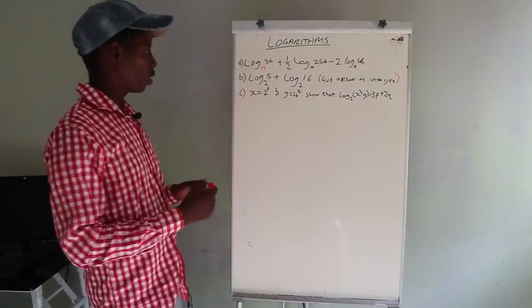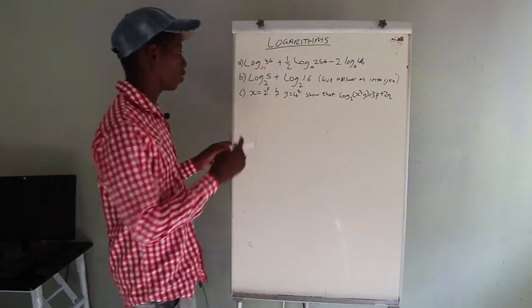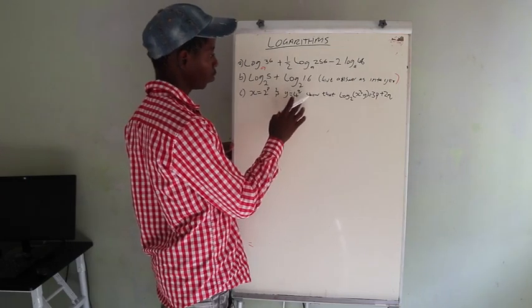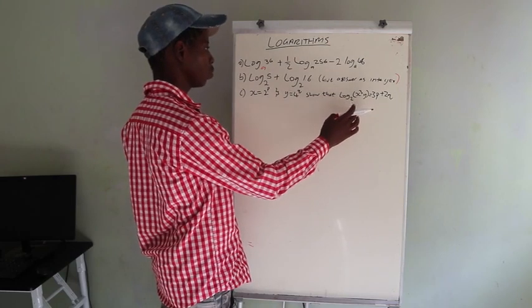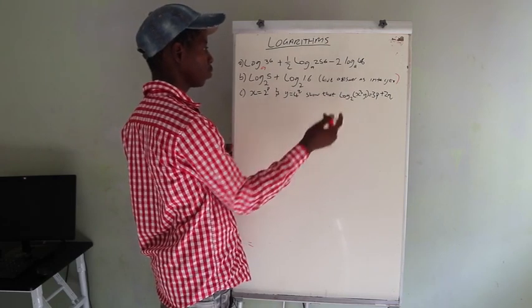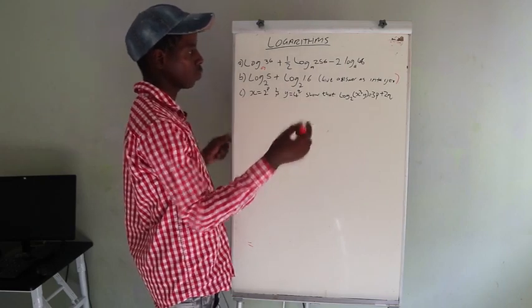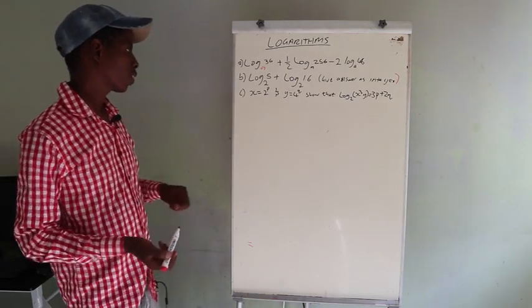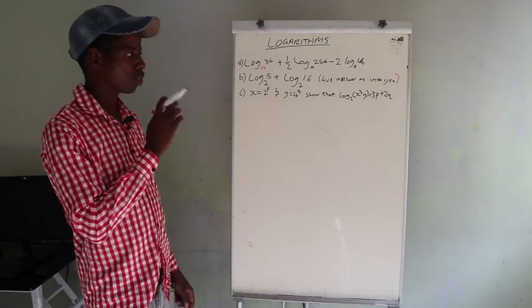And then in the last part we have x equals 2 to the power p and y equals 4 to the power q, and then the question says show that log 2 of x to the power 3 times y equals 3p plus 2q. So the first thing is that we have to go to the part that has logarithm.